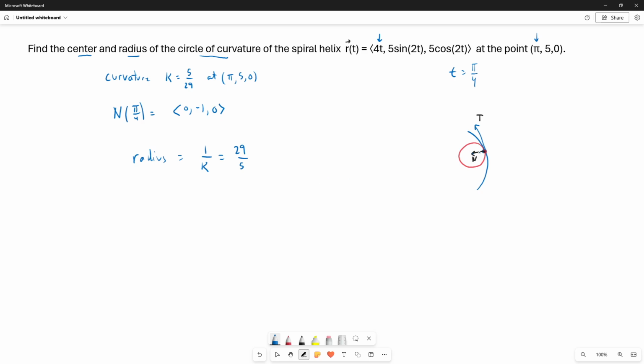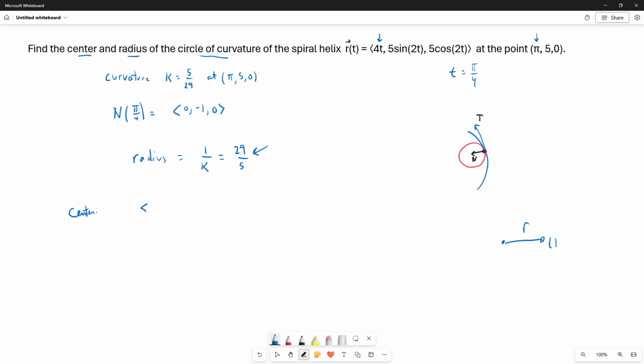The normal vector ⟨0, -1, 0⟩ has magnitude 1. And so to find the center, we will just go from this point in the direction of N, this distance, because the radius would be that distance.